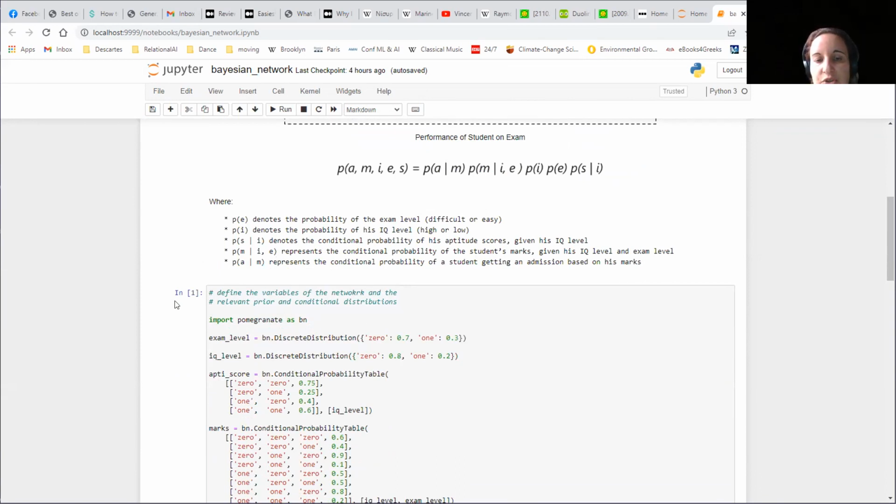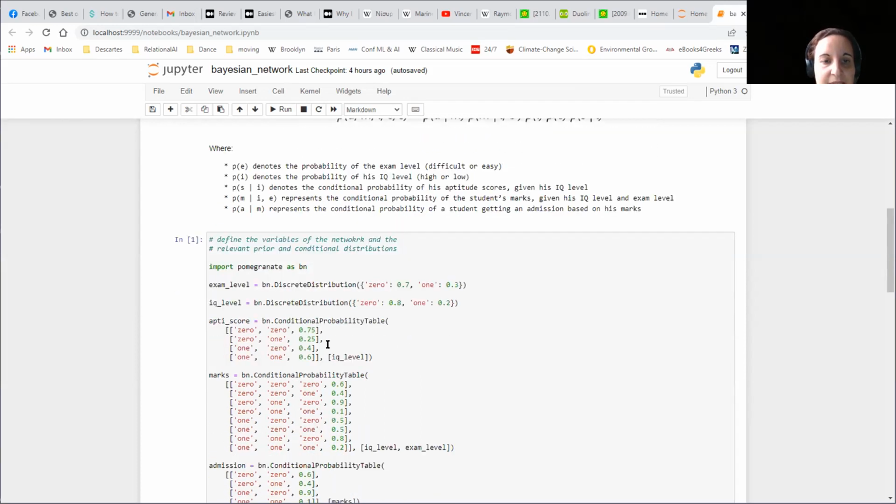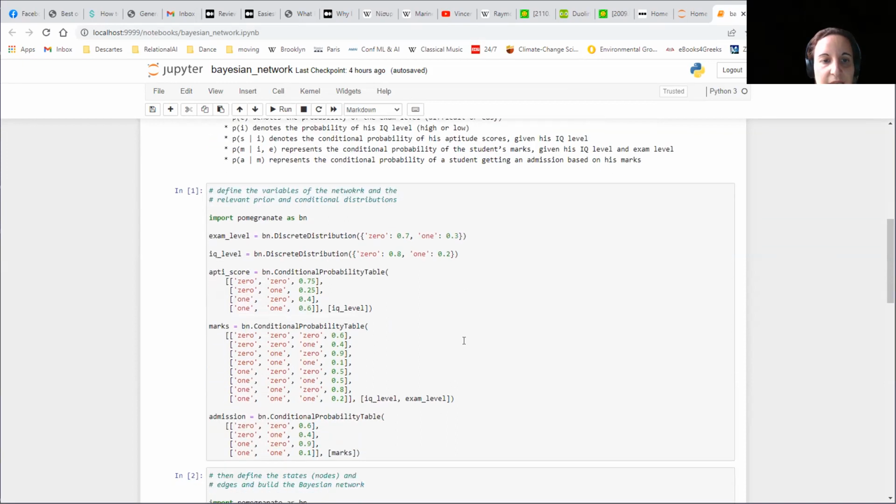And a discrete distribution here is a multinomial. So the exam level is a probability distribution over two values, 0 and 1, difficult or easy, with probability 0.7 for 0 and 0.3 for 1. Same thing for IQ level.